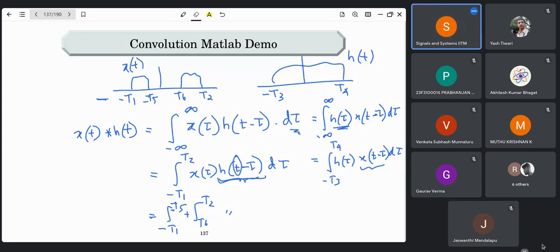See, if x of tau is even, h of t minus tau, we don't know what it will be, because you're shifting t. Correct. See, the shift operation does not maintain symmetry. So because we keep shifting here, there is no symmetry that is maintained, because of which it does not have any effect on this integral. Yes, sir.